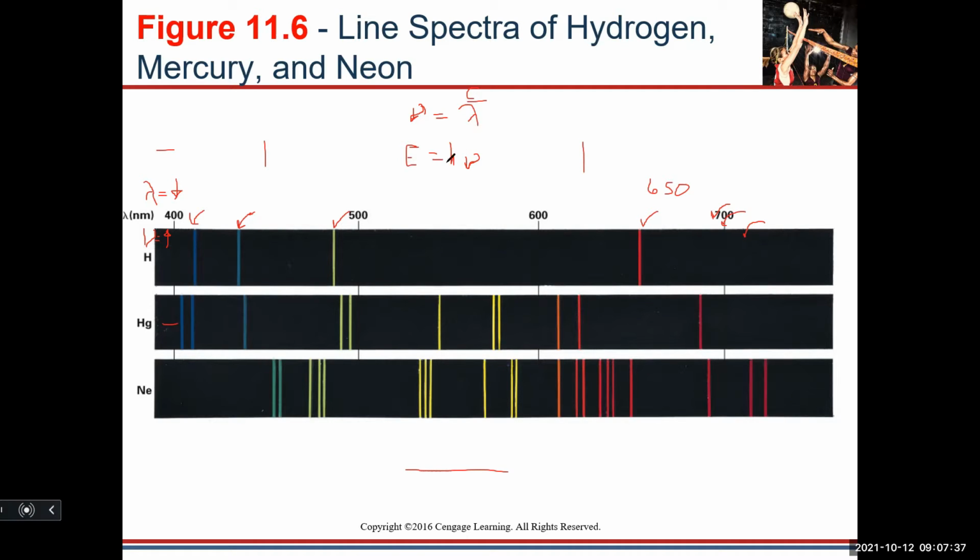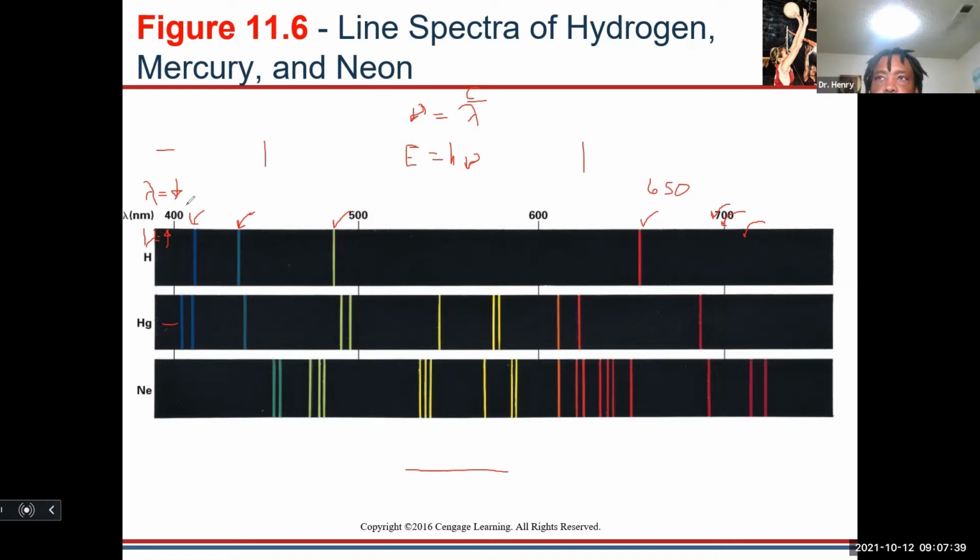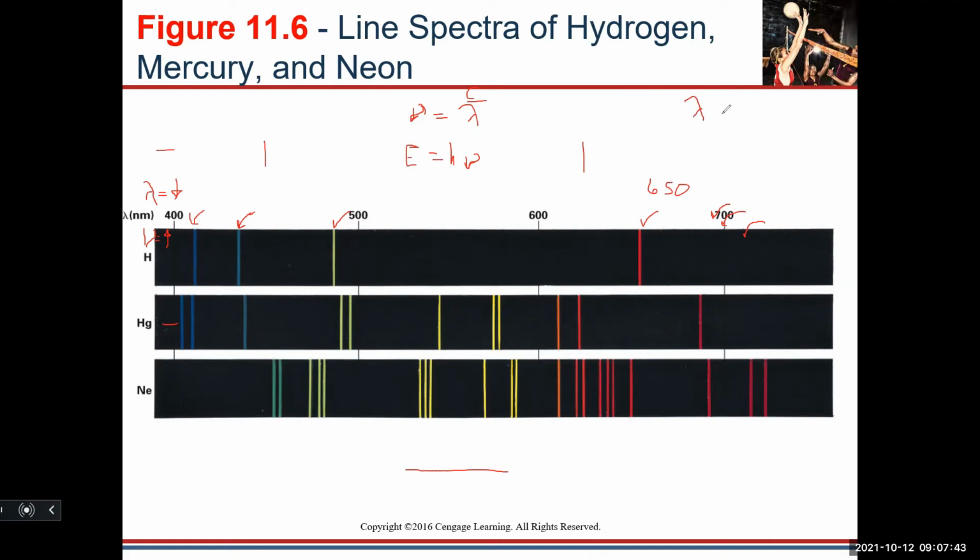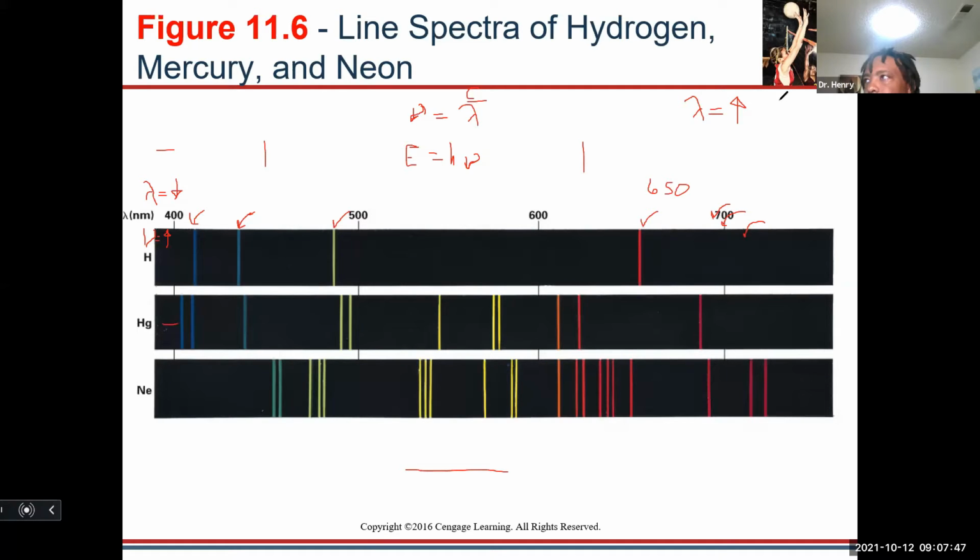We would expect the frequency to decrease. So as the wavelength increases, frequency decreases.